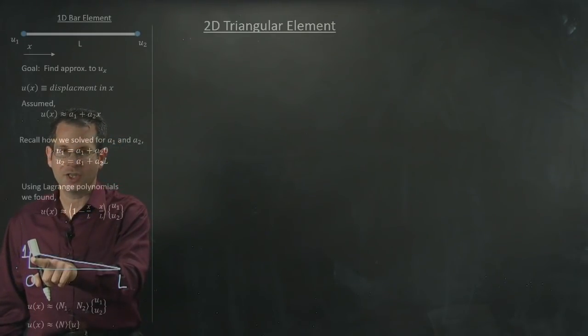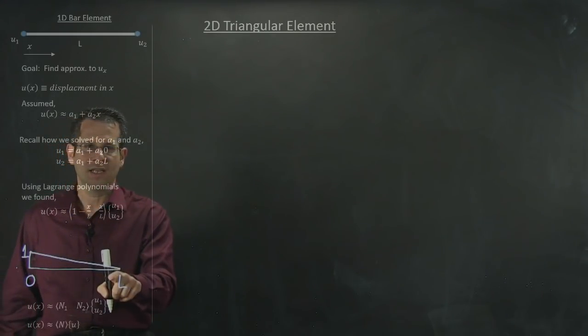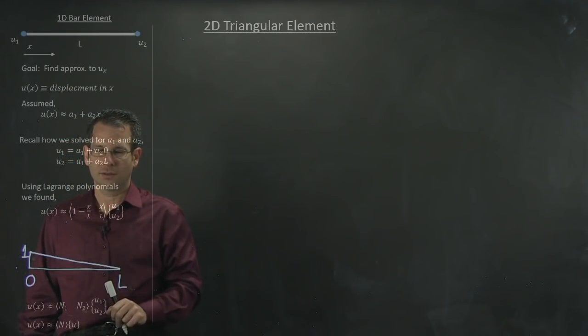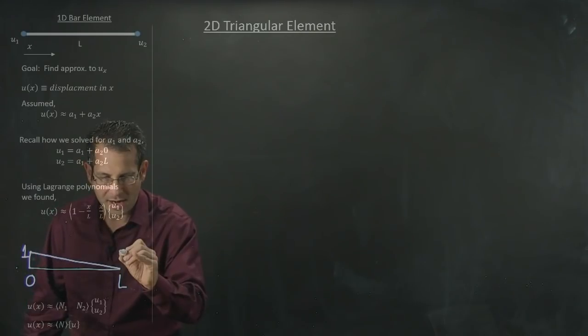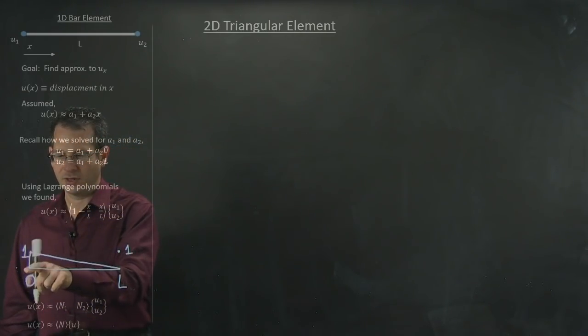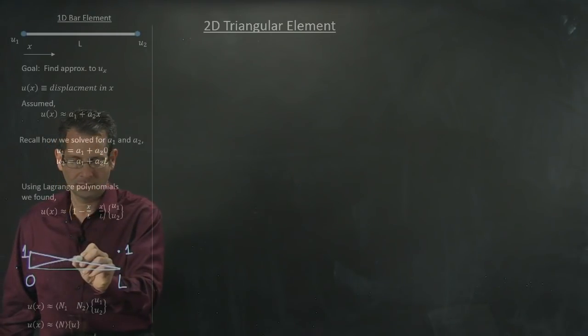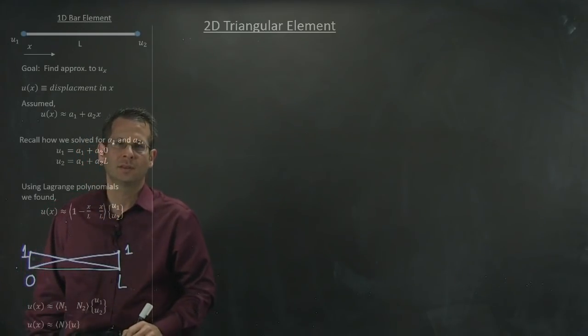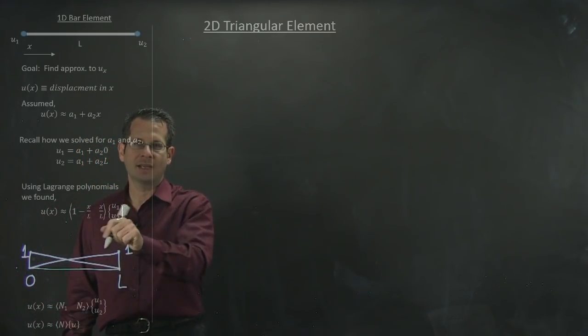And this equation that is 1 at this point and 0 at this point has the form 1 minus x over L. I can assume another equation that is equal to 1 at this point and 0 at this point. The equation for this line is simply x over L.